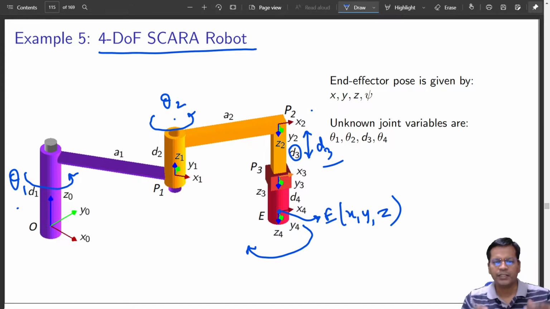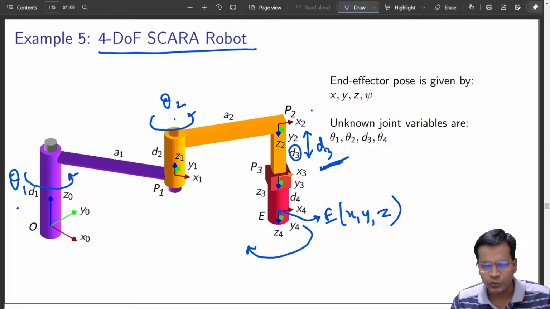If you follow my hand, with a two link it can go anywhere in the plane. So XY is planar, but now that it also has a prismatic vertical degree of freedom, it can take it up and down. So that is Z. So it can vary Z also. Okay, so X, Y and Z.